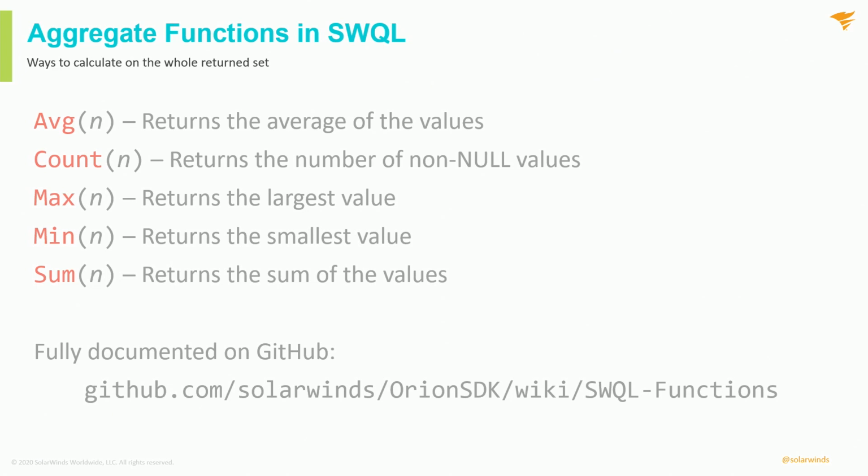And then I would do my sums and my groupings and all that kind of stuff in there. And it worked fine. If you want full details on any of these, we're going to use a couple of them. We're not going to use all of them, at least not to the detail level that you may need in your environment. The full documentation is available on the wiki on GitHub for the Orion SDK.